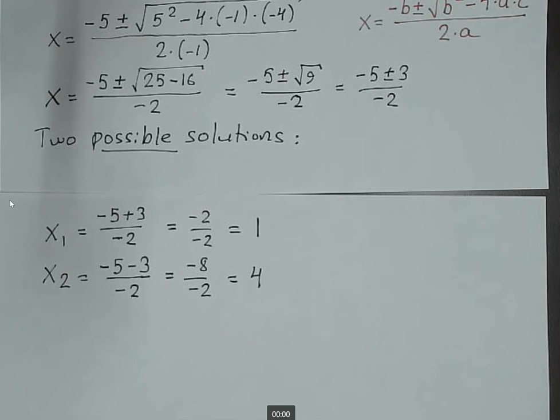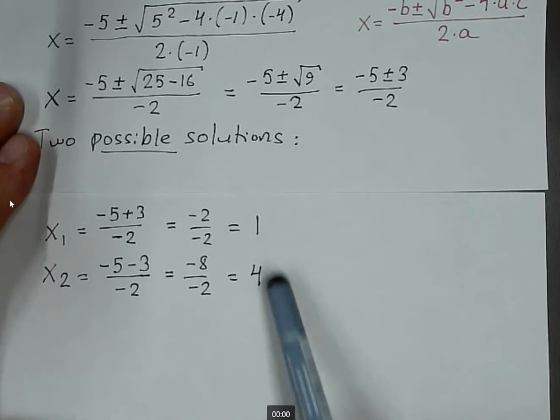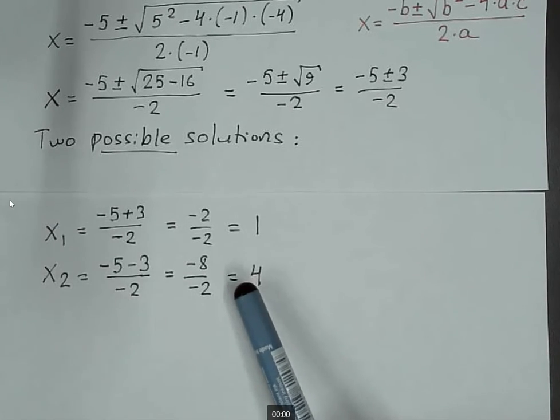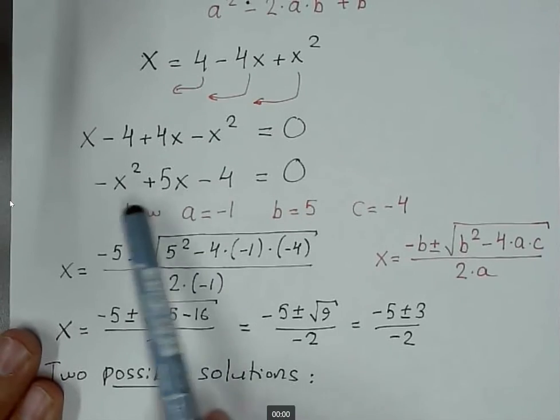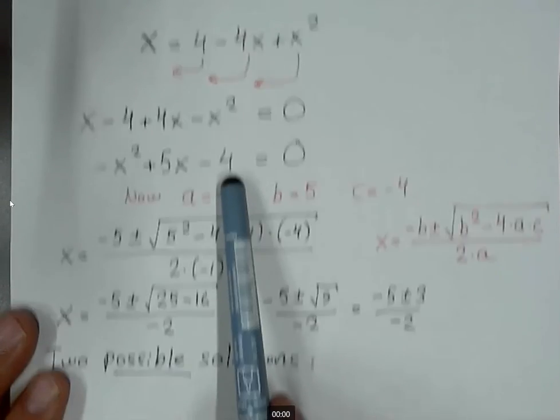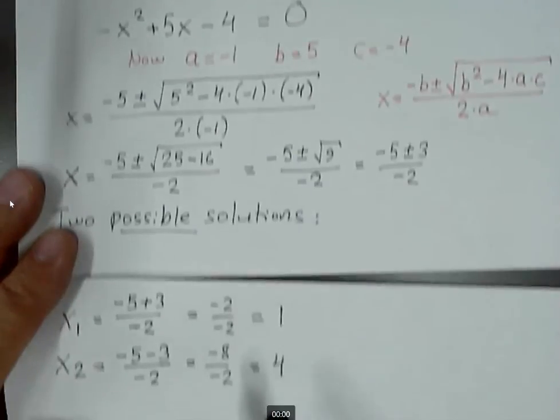But as I told, we may not be quite sure if these are solutions for this equation. We may be quite sure if I have solved this second degree equation correctly from this state to this state.